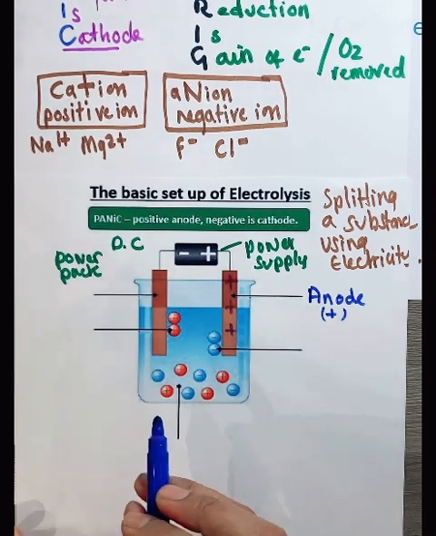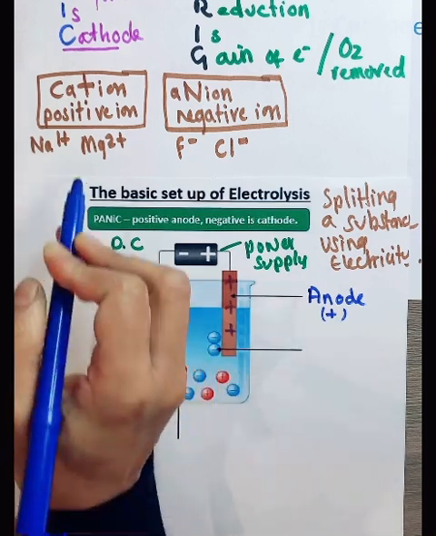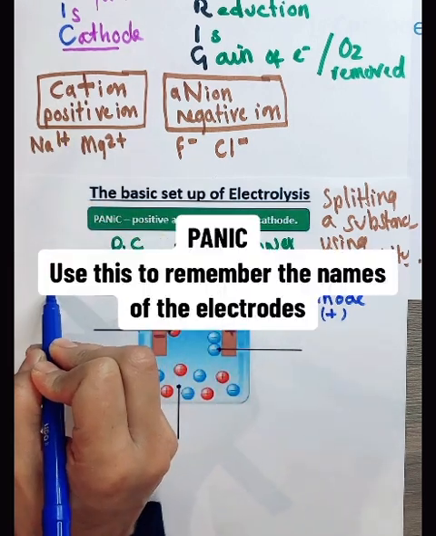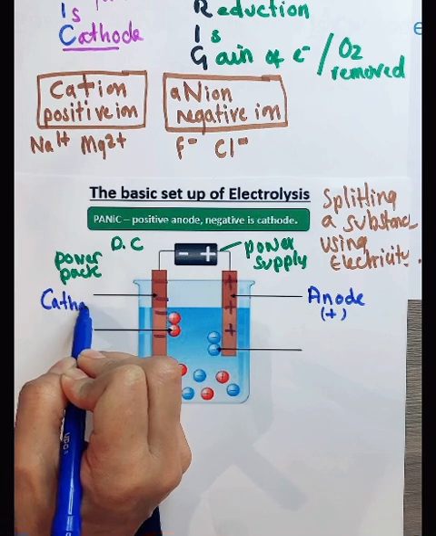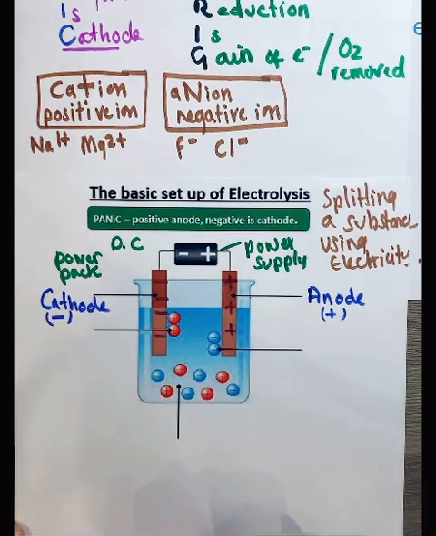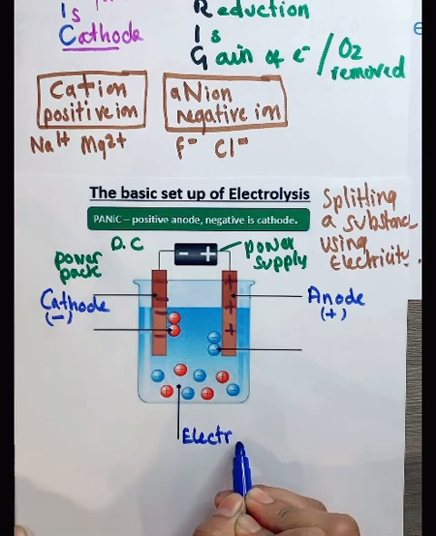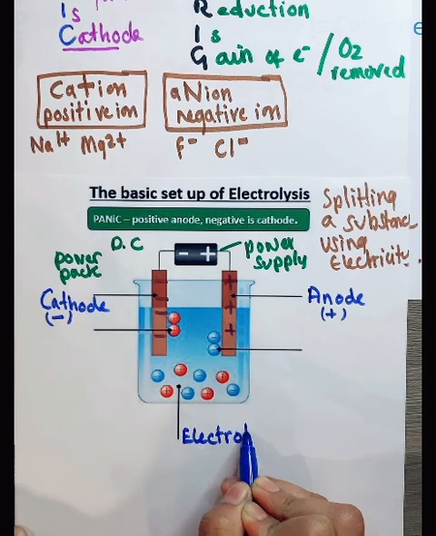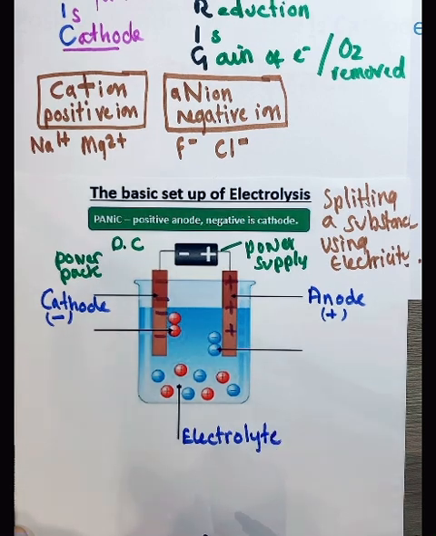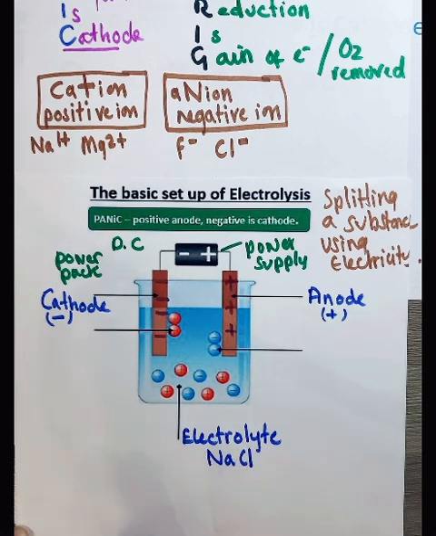This electrode here is negatively charged, and positive is anode, negative is the cathode, so we label this the cathode and then we'll put a minus to remind us it's negatively charged. Then you will have to say where the ions go. This here, the solution we are trying to split up, is called the electrolyte. Okay, and in our example we're going to use sodium chloride.